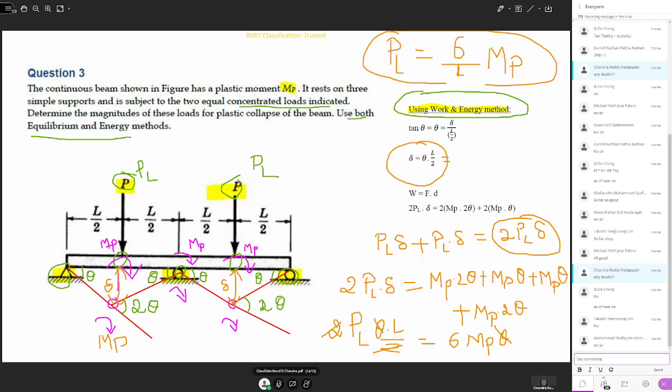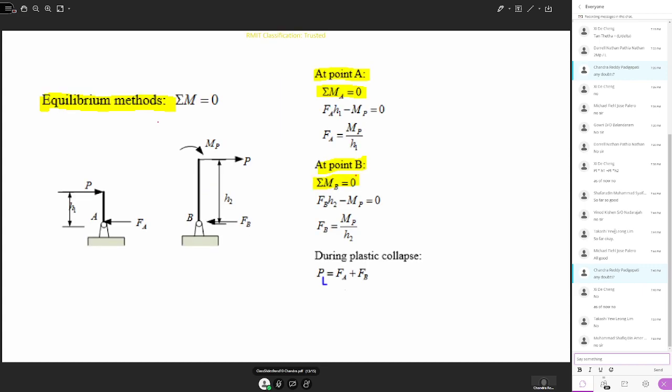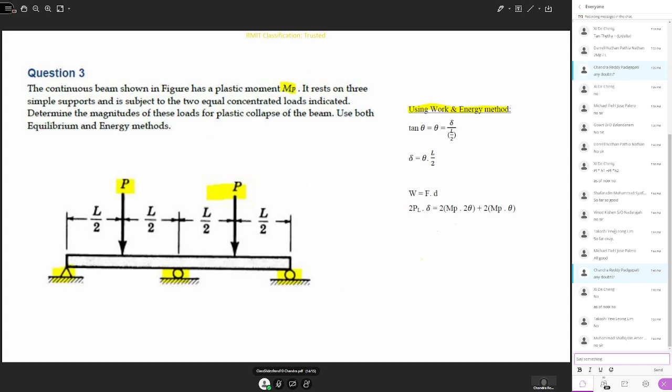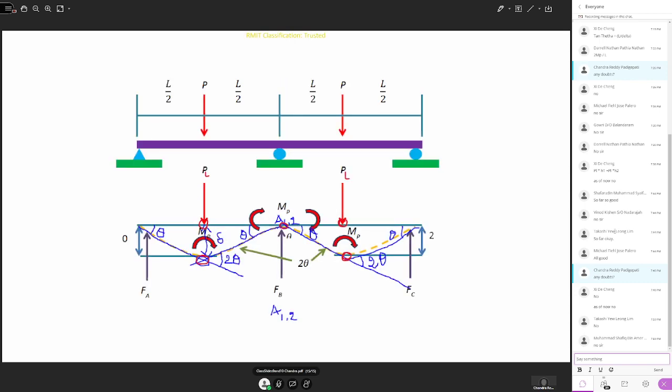Okay, I clear this. The next part, you need to do the analysis for the equilibrium method. So we have done the work energy method, then carry out the same thing for the equilibrium method.